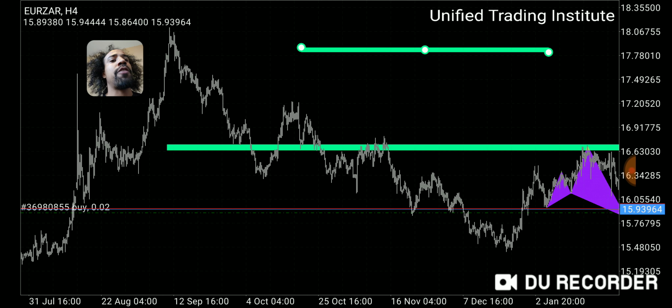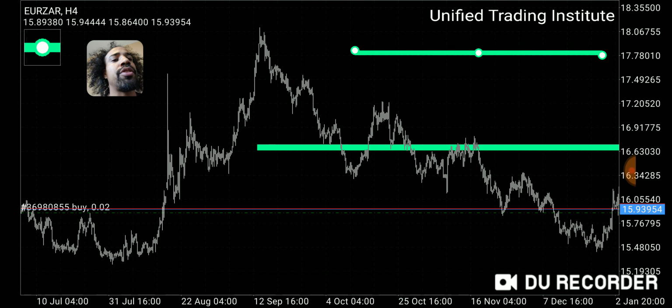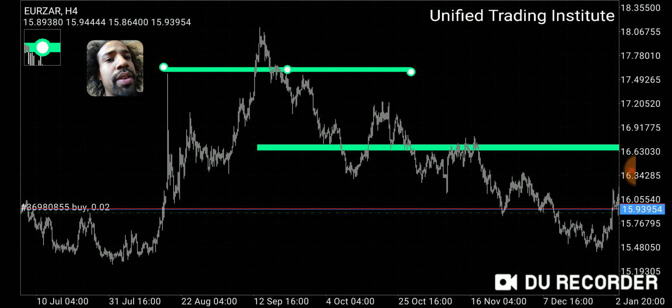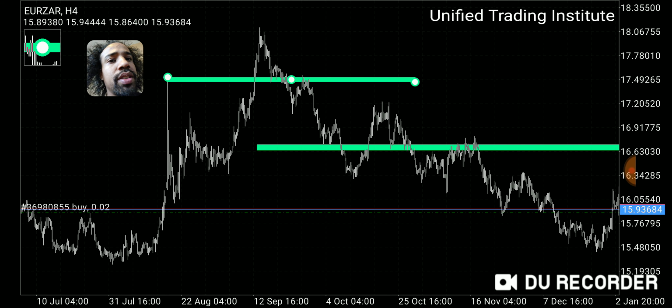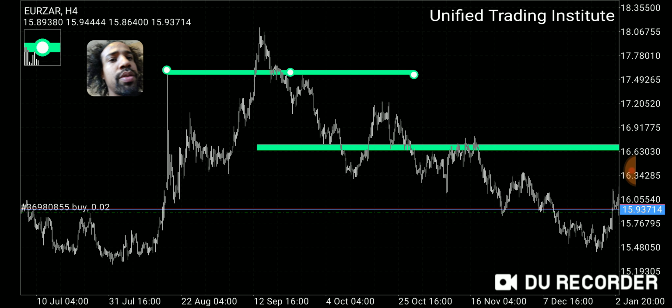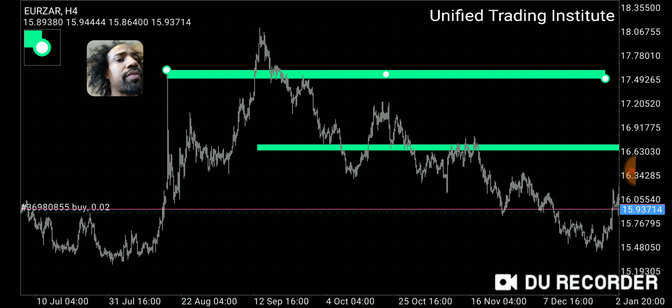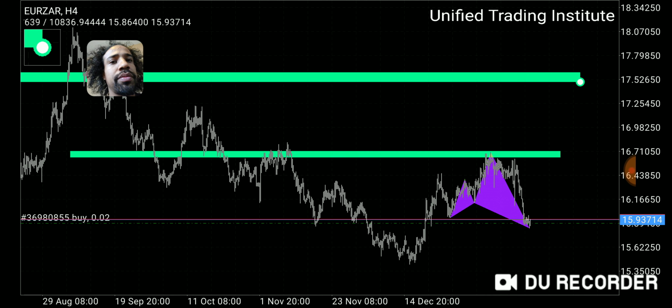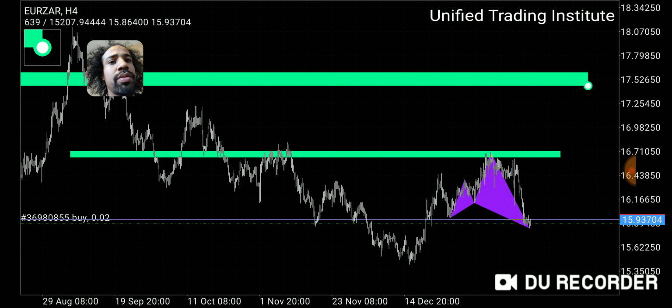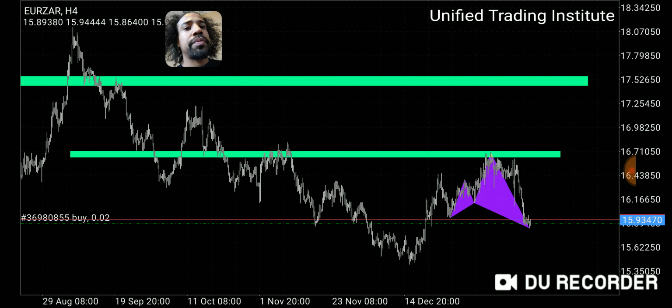That way, you can partially secure profits without taking the rest of your other trades out. Right here, this wick on the left hand side is a really good sign that it's a zone price doesn't want to mess with. So let's go ahead and mark that as our take profit 2. Right about there. Okay. Yeah, there we go.